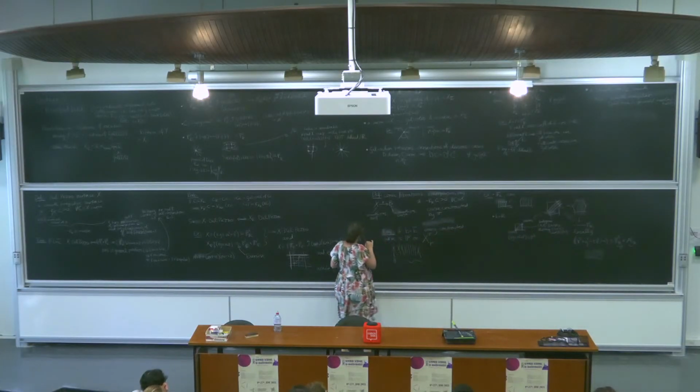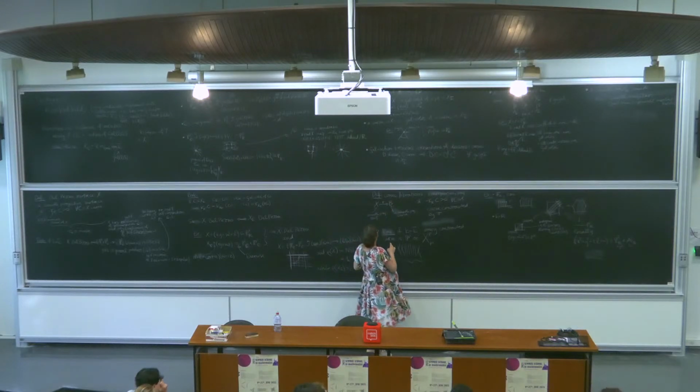And then the conic fibration is given by a quadratic equation with coefficients over your open set. So conic fibrations are locally given by quadratic equations, is what I want to say.